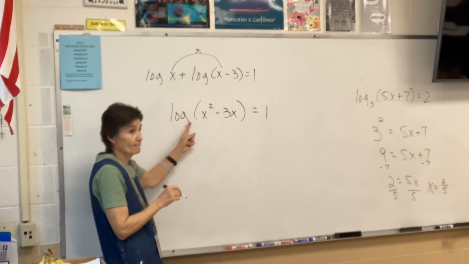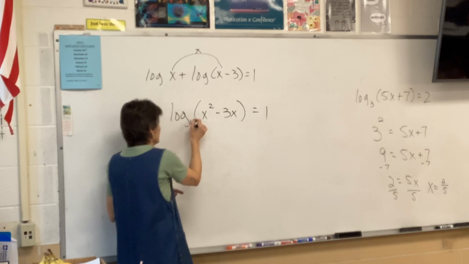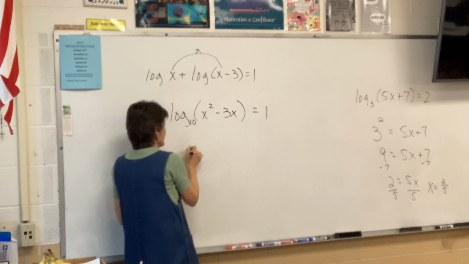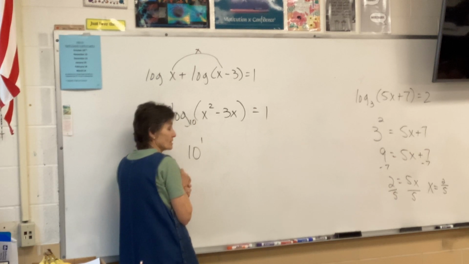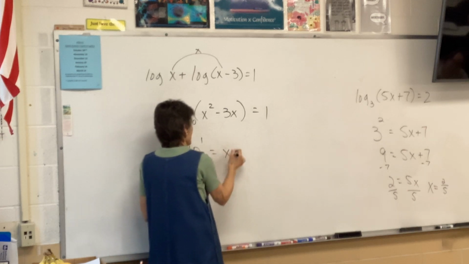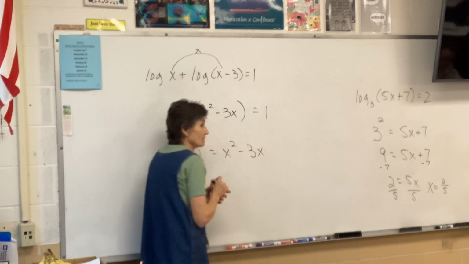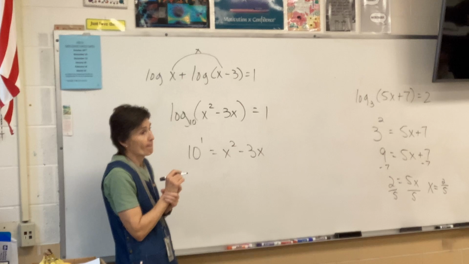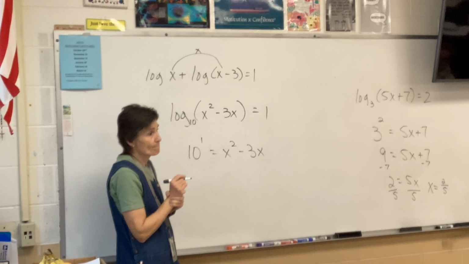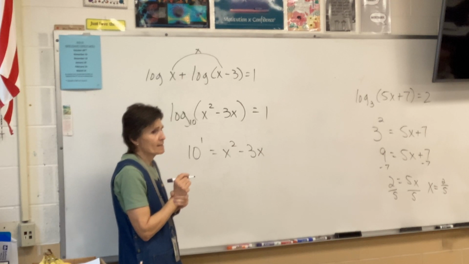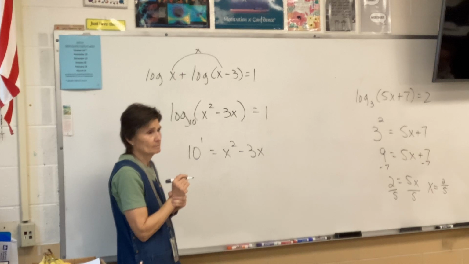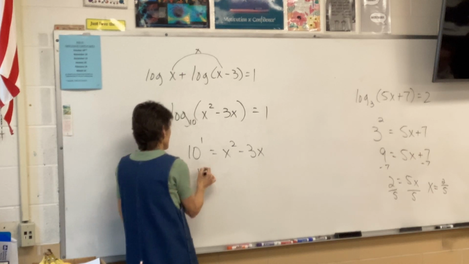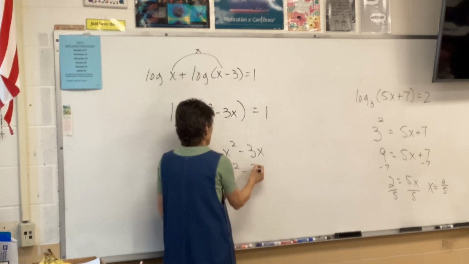What's the base? 10. So you're doing 10 to the first equals x squared minus 3x. What's 10 to the first? 10. So 10 equals x squared minus 3x.